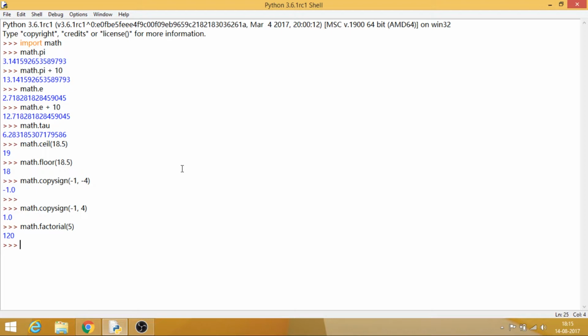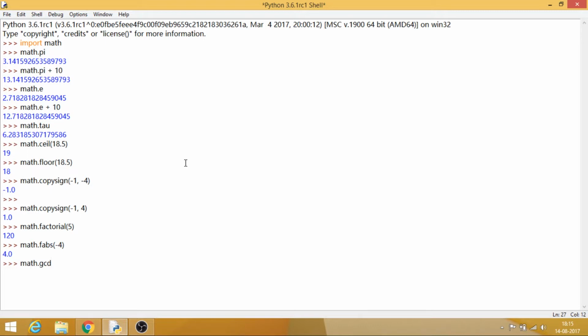Okay. Next is something known as math.fabs, and it gives the absolute value in the form of float. So let's say -4, and it is 4. Now another function that I would like to tell you is math.gcd.